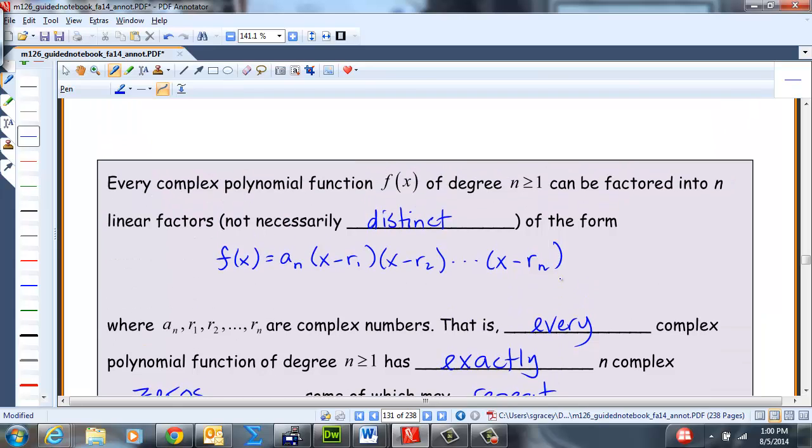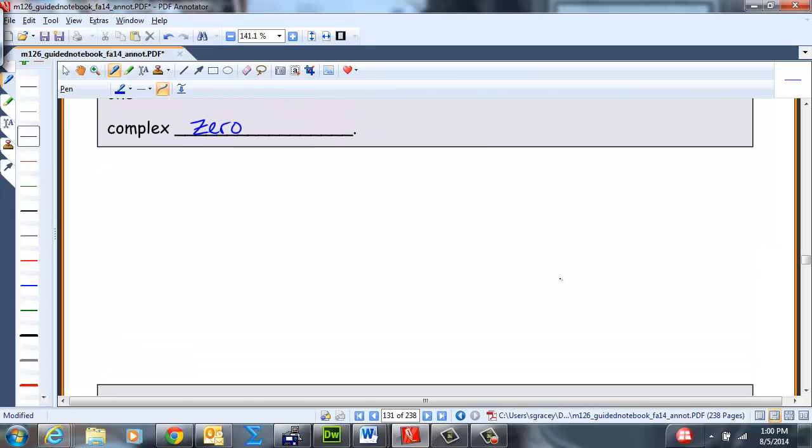So let's take a look at the proof for this. So let f of x equal a sub n x to the n plus a sub n minus 1 x to the n minus 1 plus dot dot dot plus a1 x plus a0.